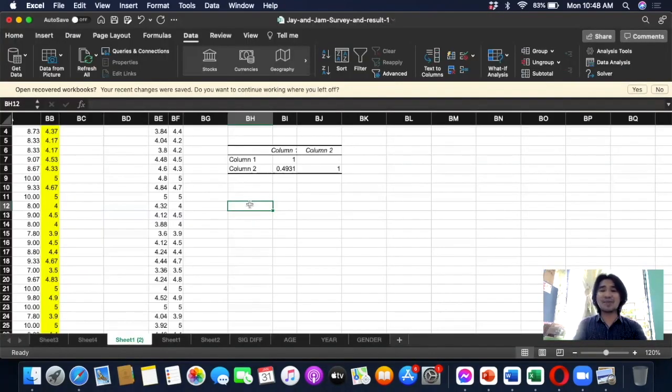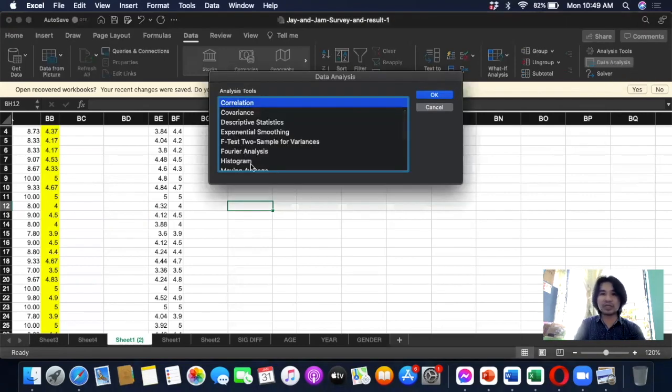So the second step of solving the significant relationship of the independent and dependent variable is to use regression analysis. Right here we used correlation, so we know the value of correlation. This is 0.49, which indicates that there is a moderately strong correlation.